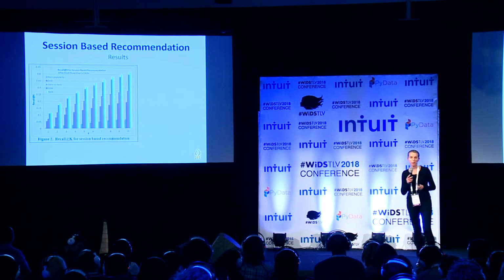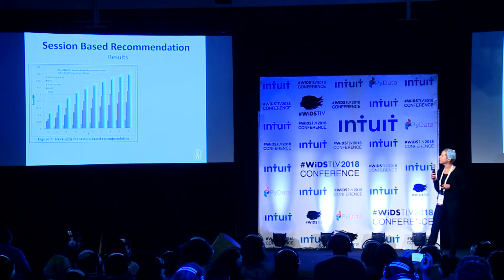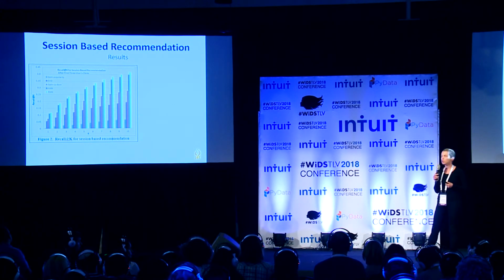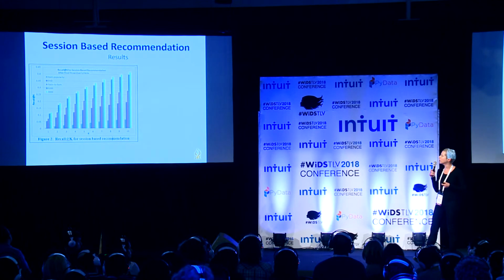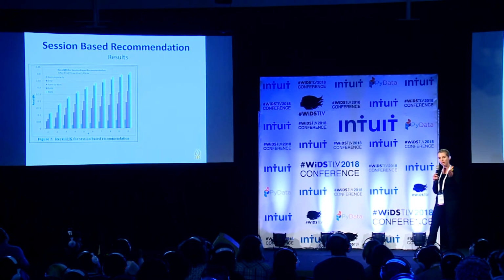Okay, so now let me convince you that it's worthwhile doing all this work. What we see here is the recall at K, which means we want to see, if we give one recommendation, two recommendations, three recommendations, how many of the products that we recommended to the consumer, he really consumed.